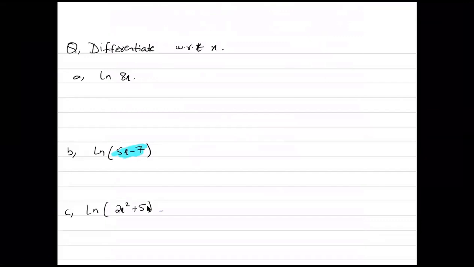How am I supposed to differentiate ln 8x? Apply the rule. 1 upon 8x times the differentiation of 8x, that is 8. So 1 upon x is the final answer.